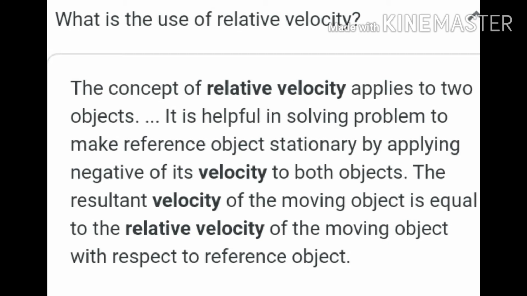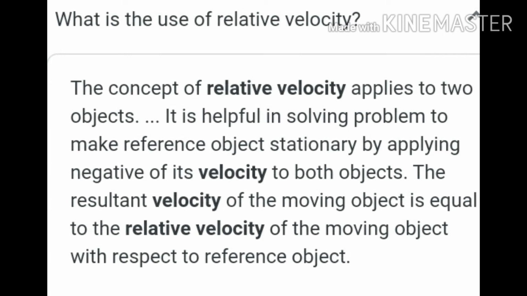The concept of relative velocity applies to two objects. It is helpful in solving problems to make a reference object stationary by applying the negative of its velocity to both objects. The resultant velocity of the moving object is equal to the relative velocity of the moving object with respect to the reference object. So this is the second question.